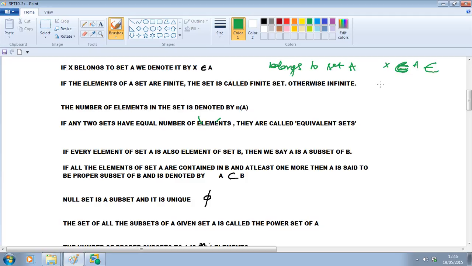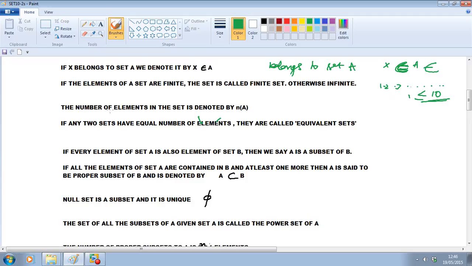The elements of a set may be finite or sometimes infinite. Suppose we say a set of natural numbers: 1, 2, 3, 4, dot dot dot, we write. It goes on, so this is infinite. If we say it is less than or equal to 10, then it becomes finite.